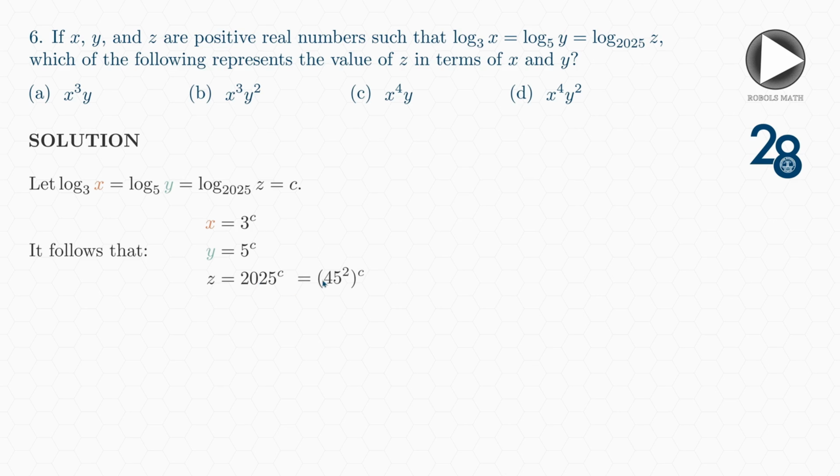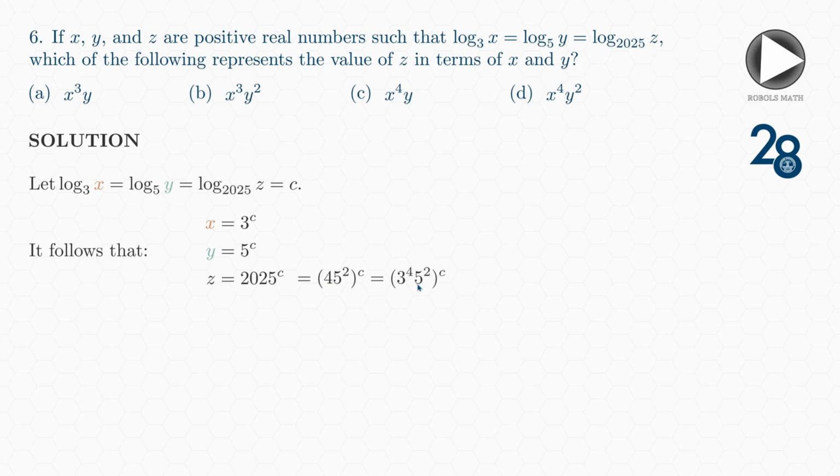We know that 2025 is equal to 45 squared, so this is 45 squared to the c. And 45 is 9 times 5, which is 3 squared times 5. So this inside is equal to 3 to the 4th times 5 squared. And this value is equal to 2025.